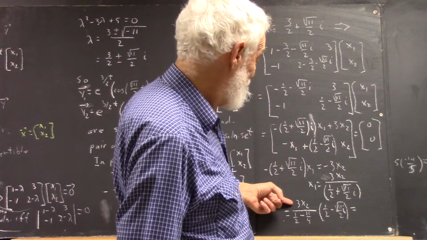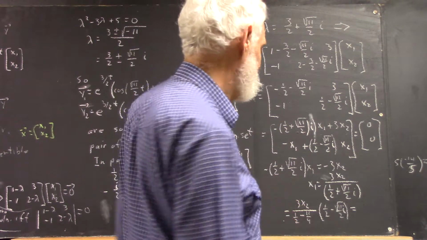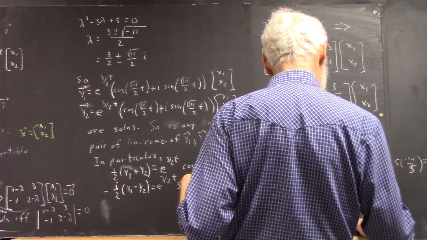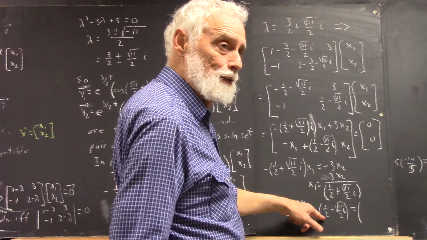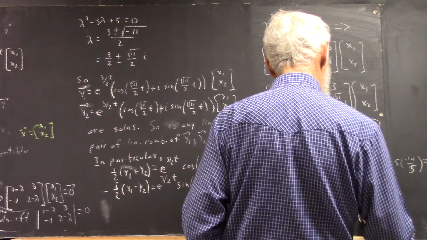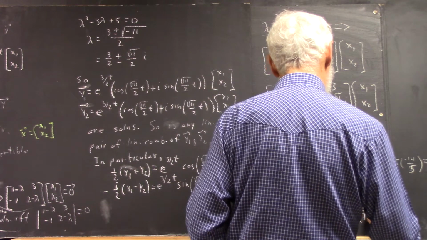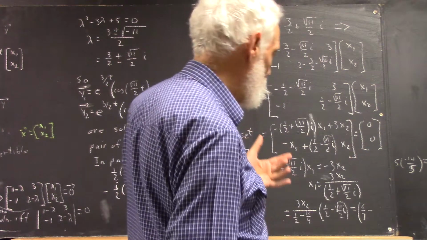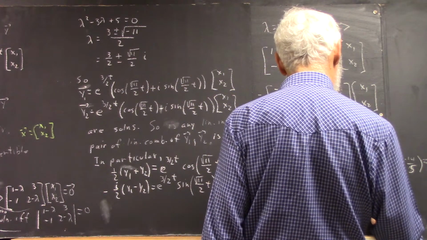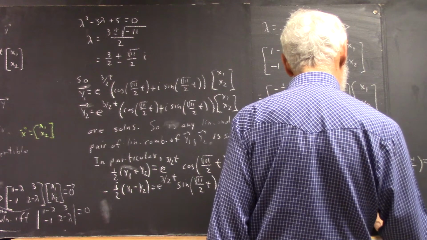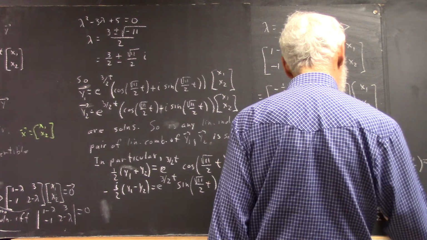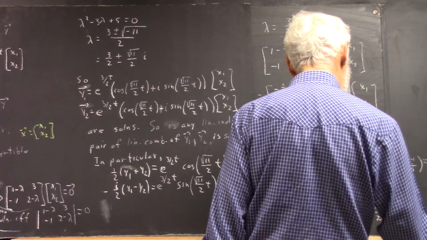So it's 12/7, and then 12/7 of each of these. So that's going to be 6/7 minus 6 square root of 11 over 2 i, times x1.